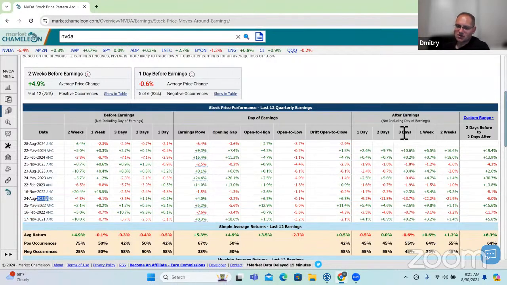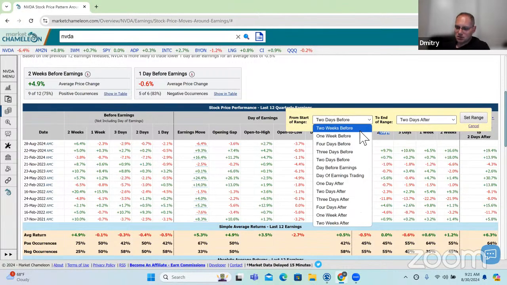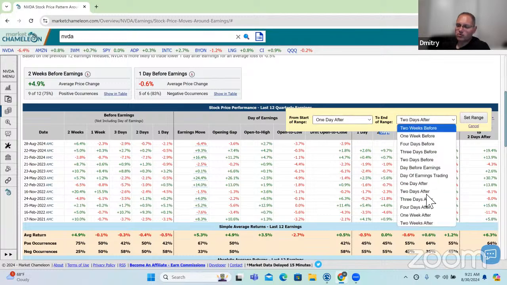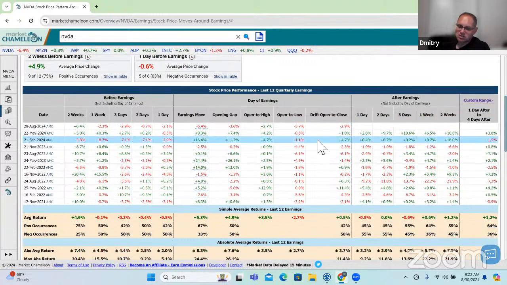So let's say we were looking at, let's look at this here. What if we wanted to do 1 day after to 4 days? So we could enter it here, set the range, and now we have 1 day after to 4 days.